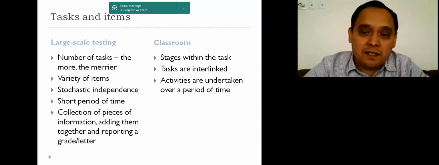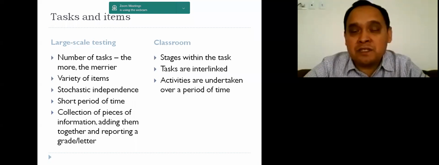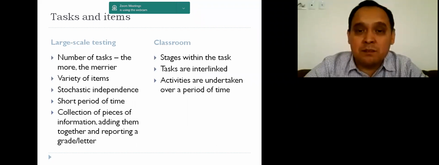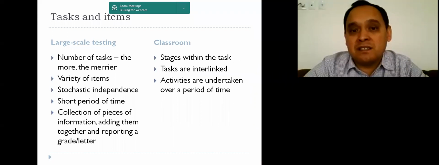Firstly, in classroom assessment, we don't need many tasks. It can be one task divided into several stages. And while students perform on these tasks, we as teachers can make judgments about where a student needs more support, how much he has progressed, and what we need to do in the next lesson or next week in our course.